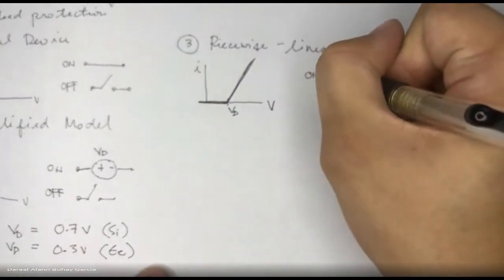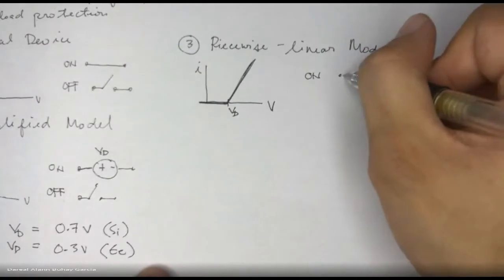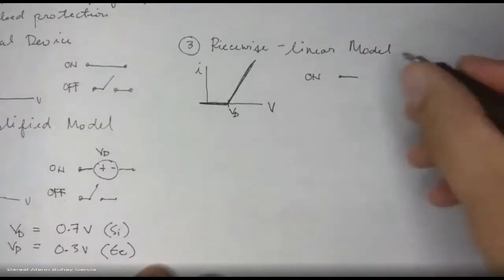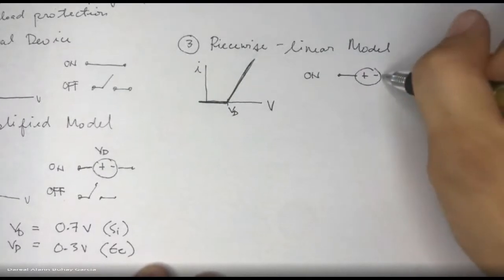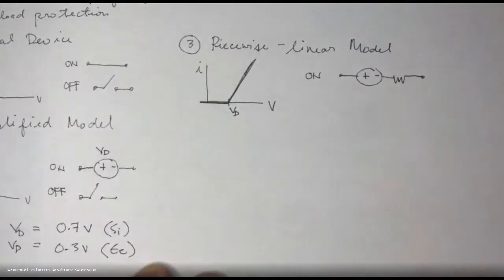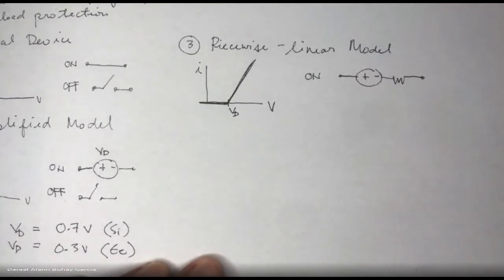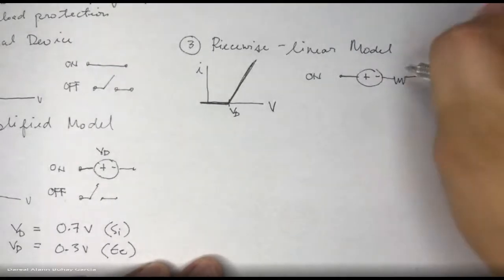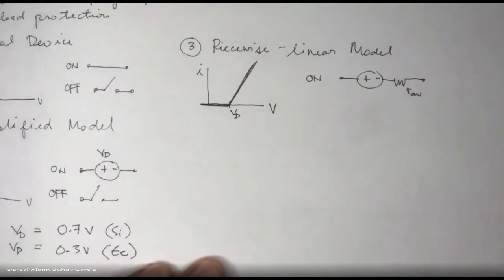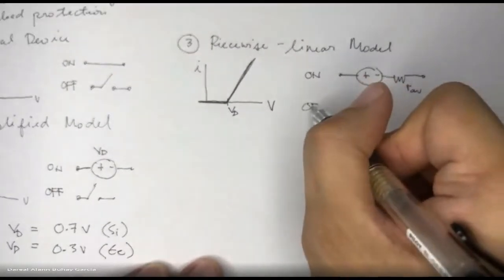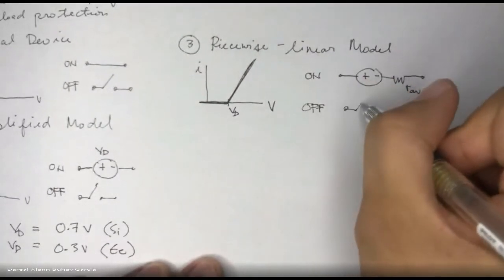So in the on state, it is a short circuit, with a voltage drop and a small resistance. We call that RAV, the average resistance of the diode. And if off, the same as before: open circuit.